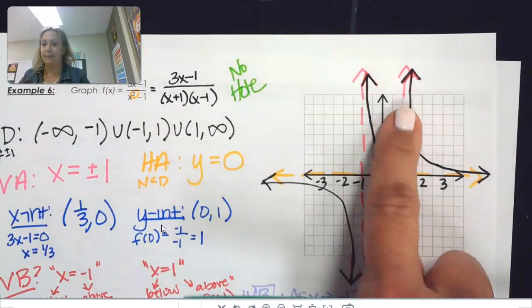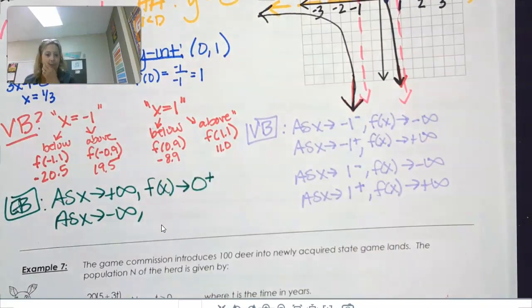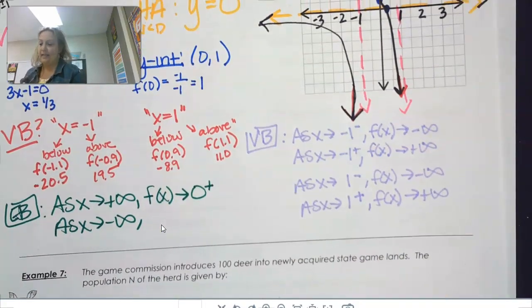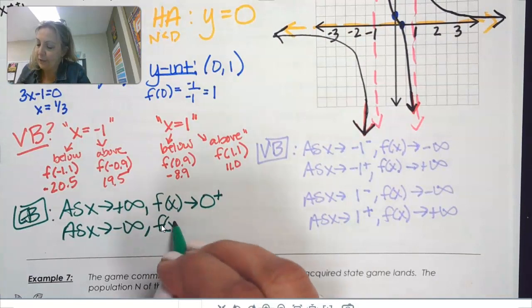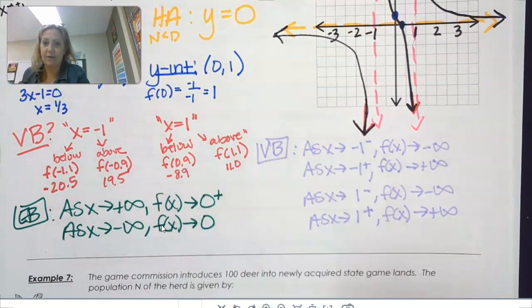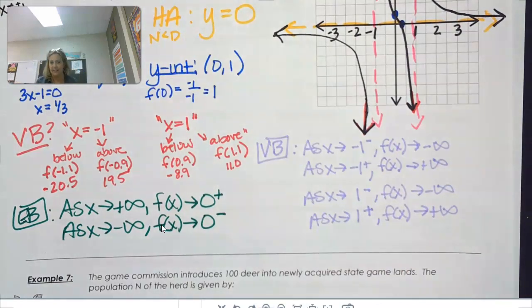And notice that that's approaching it from the top, from above. So I'll put 0 plus. And as x approaches negative infinity, it's getting closer and closer to that horizontal asymptote, which was at y equals 0, but from the bottom. So I have that negative that's there. So those are the vertical and end behavior statements that we can make.